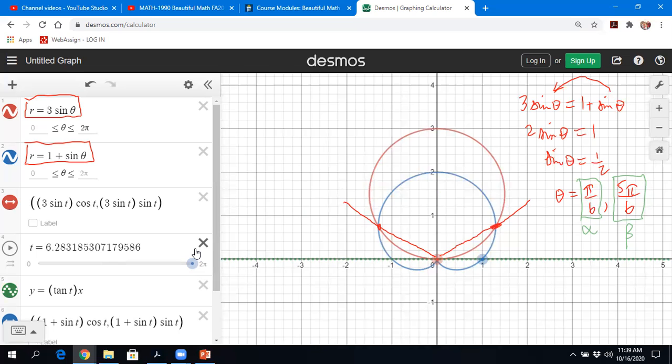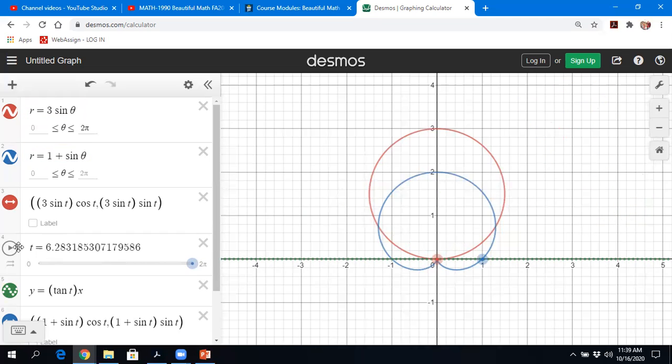You have to be on the lookout for that because sometimes you actually want those points, but we didn't really care about it here. They did intersect at the right parameter values when it came to finding this area. We missed the origin because the curves were out of sync, at different points on those curves when that happened. Any questions on that? I think that's a cool thing to think through.